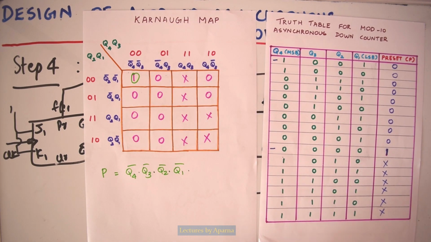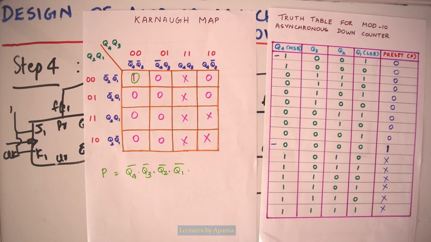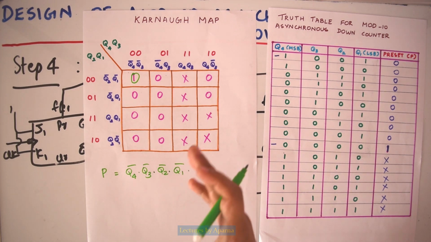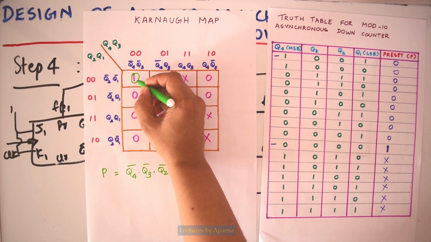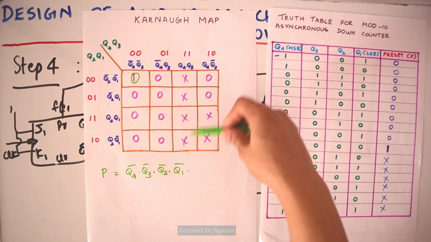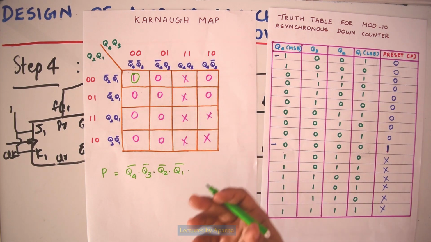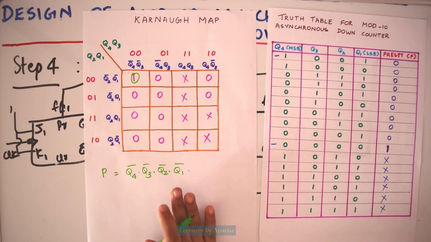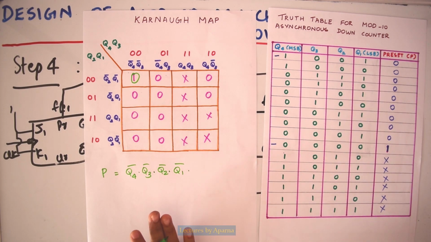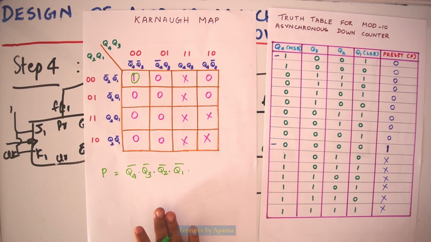But if in the design of some other counters this Karnaugh map comes, it will be useful because it can be grouped with the don't care sign and the equation can be simplified. So drawing the Karnaugh map is the general method for writing the simplified equation for the circuit.